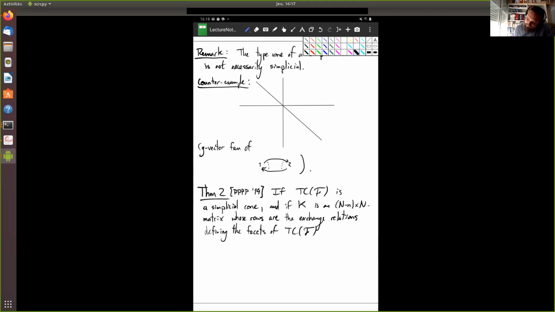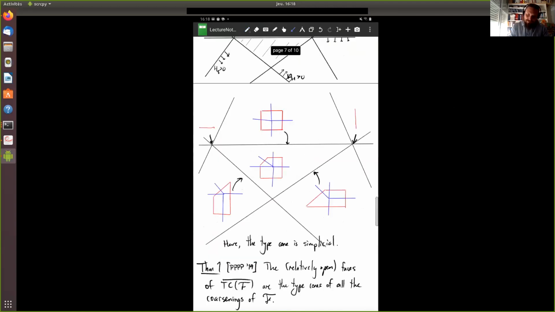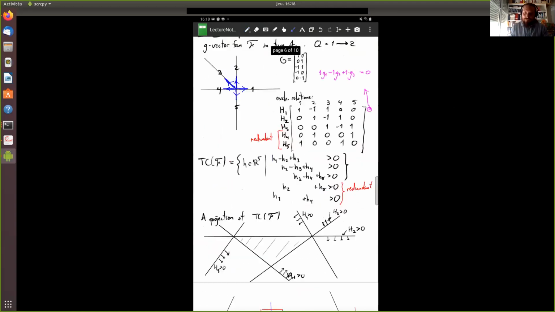And then, so this is the situation we had above, yes? If you allow me to go back there for just a few seconds. We had this matrix here with all exchange relations, but two of them were superfluous. So the matrix K would be this matrix.